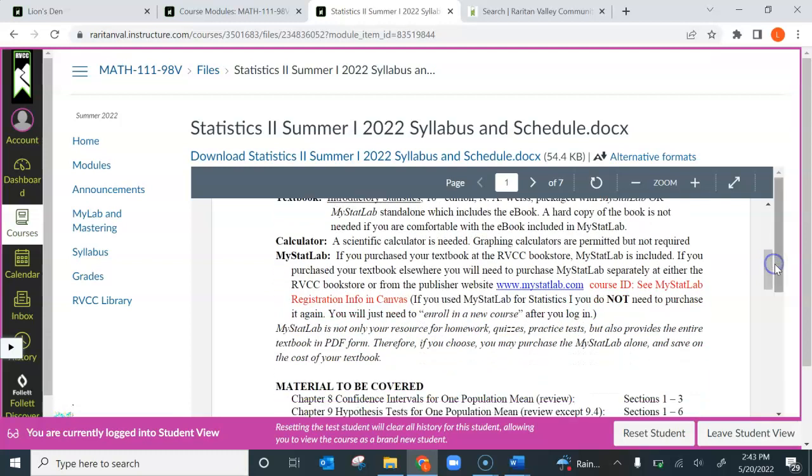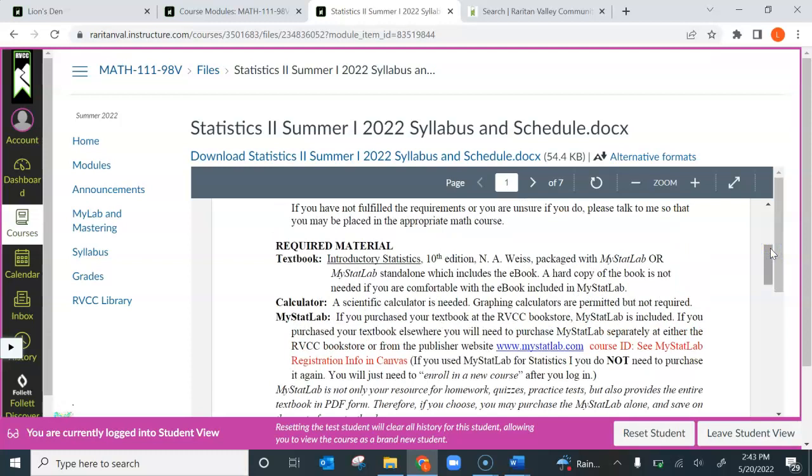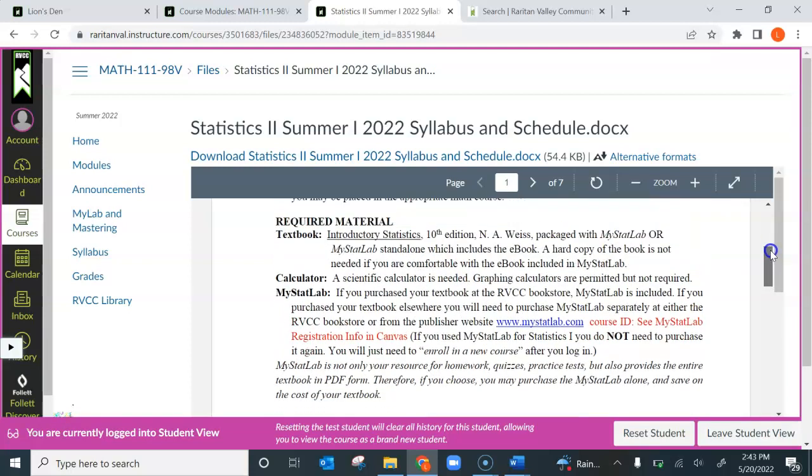Required material, yes, we will be using material for this course. You can simply purchase the MyMathLab, and I'll go through where you can get that in a minute. Okay, it will provide you your full textbook. It'll also provide you something called StatCrunch, which is statistical software that you'll be able to link to a lot of your homework problems.